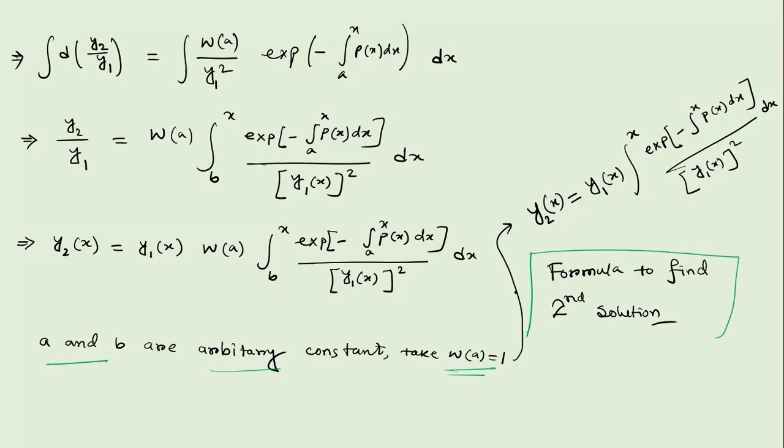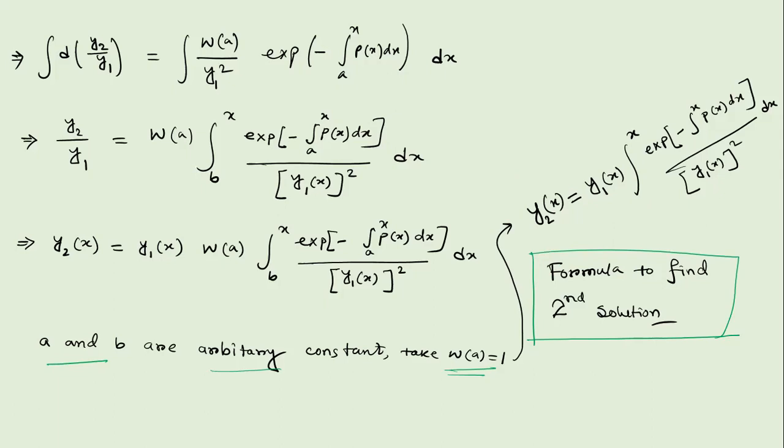That means if you know one solution, you can find the second solution by this formula. This is important for finding the linearly independent solution from the first solution.